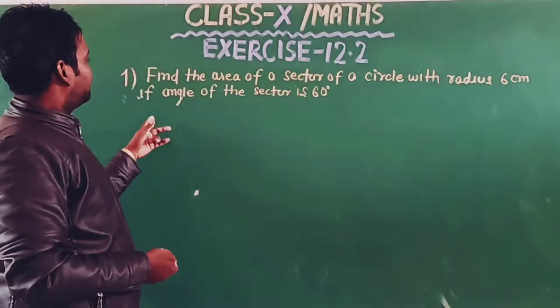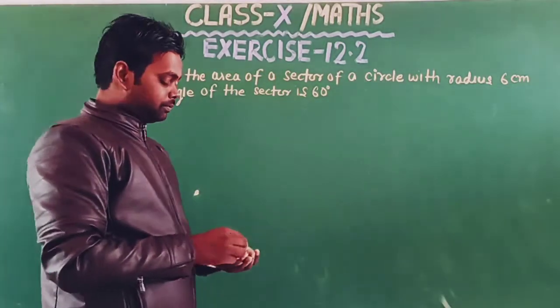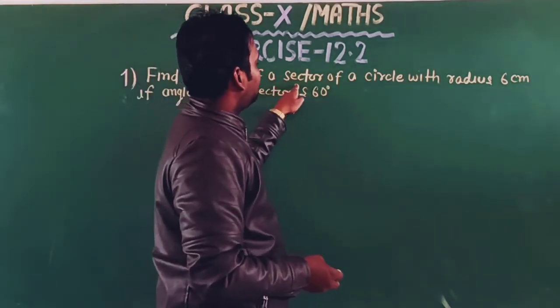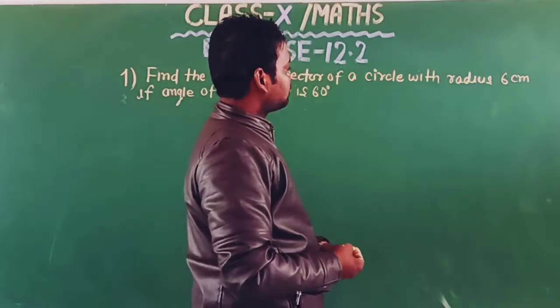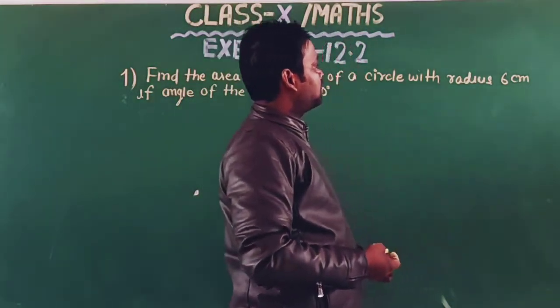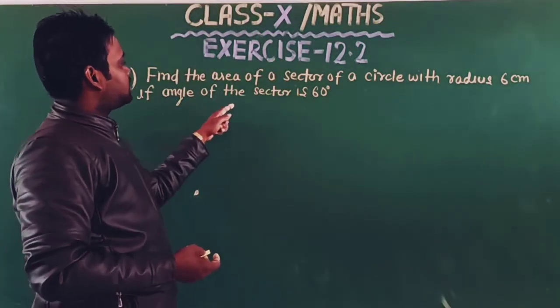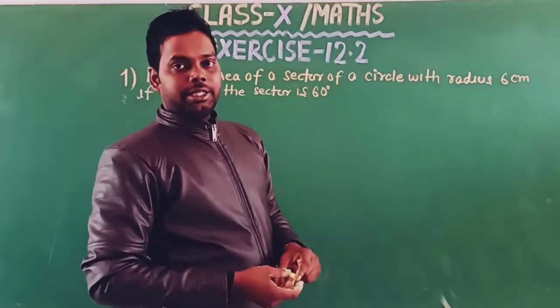In this question it has been said that find the area of a sector of a circle with radius 6 centimeter if angle of the sector is 60 degree.